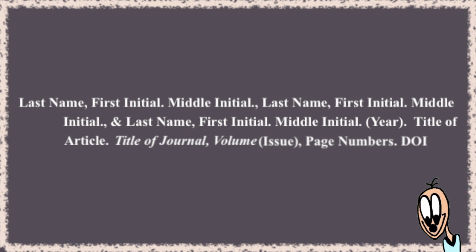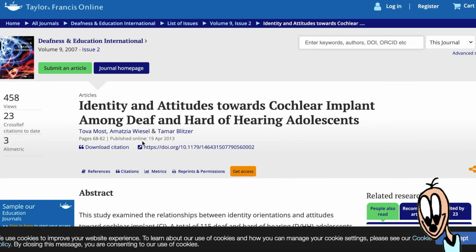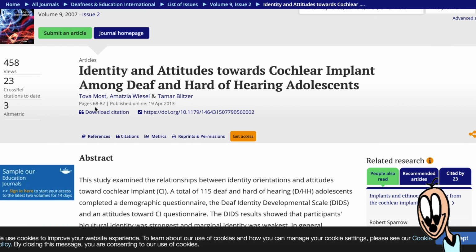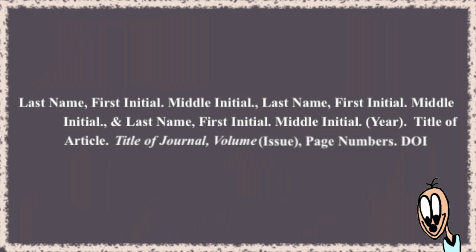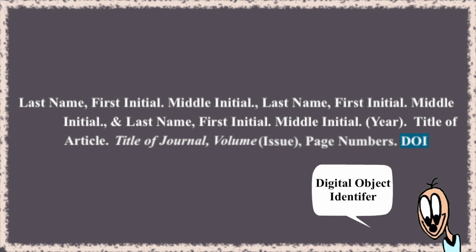And now our template wants us to find the page numbers. So we can see here in our article, right underneath the author's names in this case, we have pages 68 to 82. So that's what we're going to take back to our reference list right after the volume and issue. So let's type that in, 68 to 82, and then another comma. And our final piece of the puzzle is the DOI, or Digital Object Identifier.